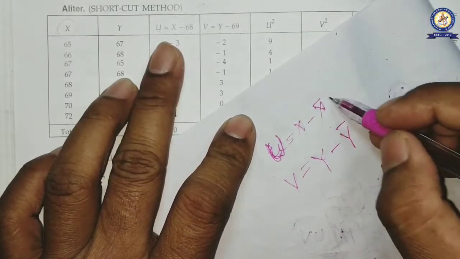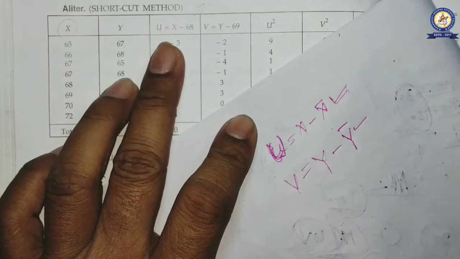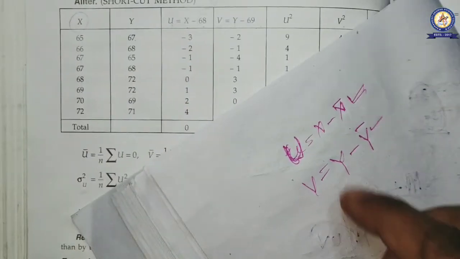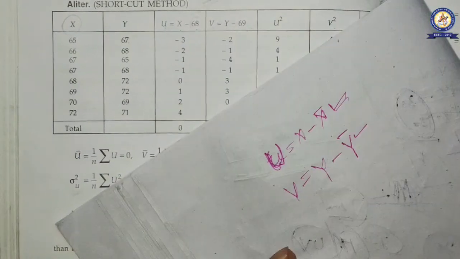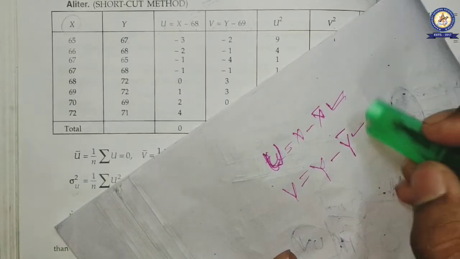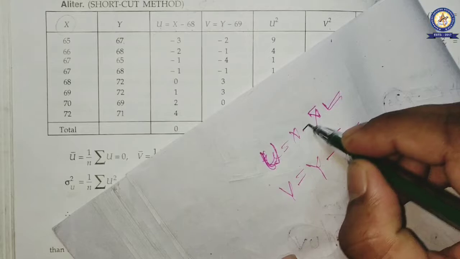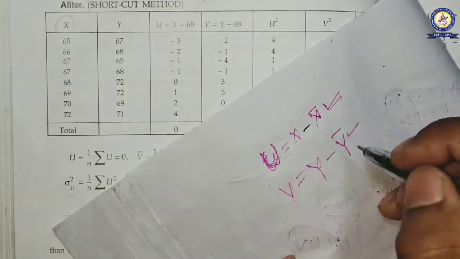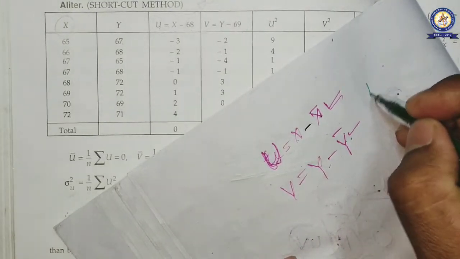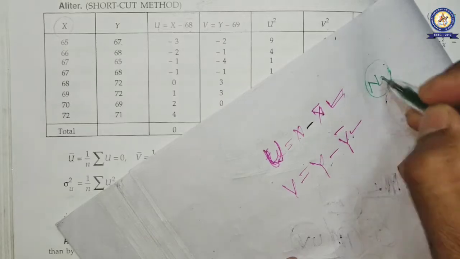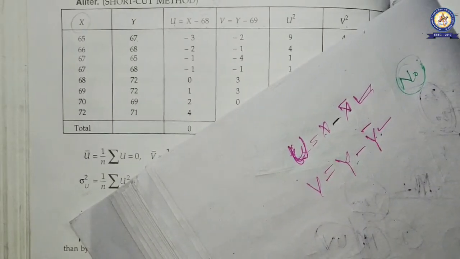But is this the rule we always consider? That means, do we always subtract the mean of x and the mean of y?